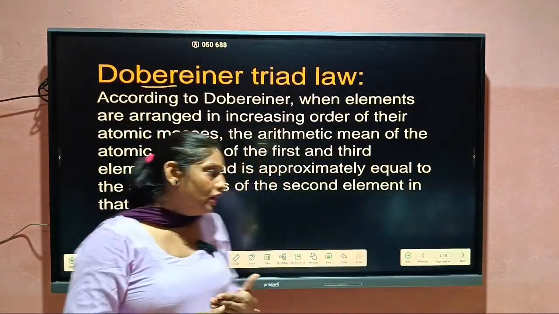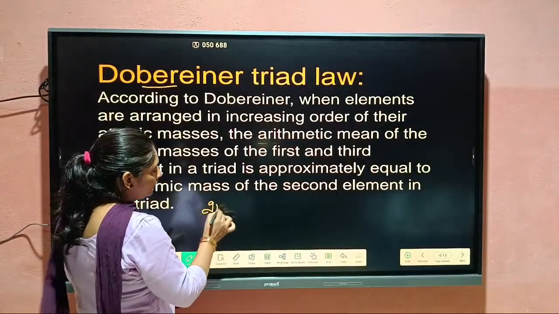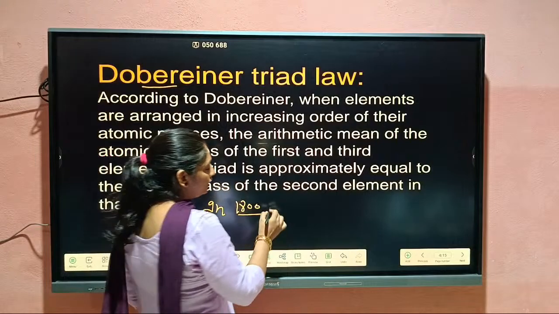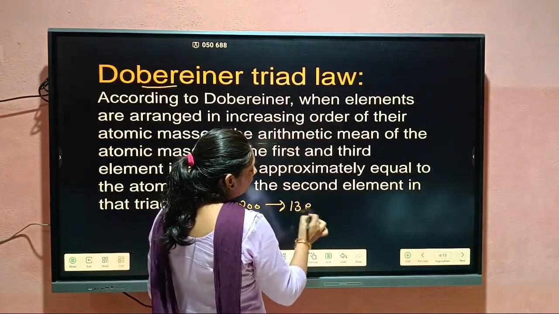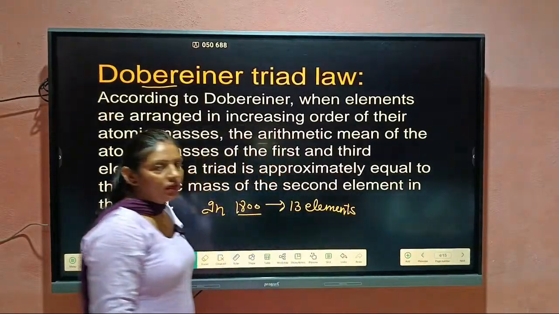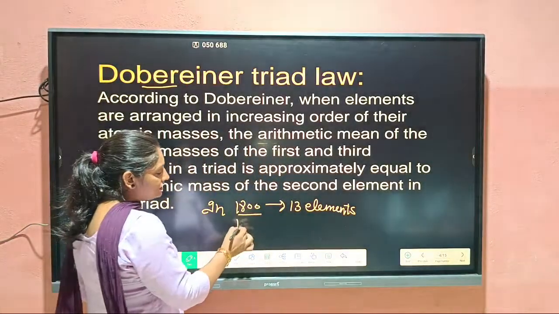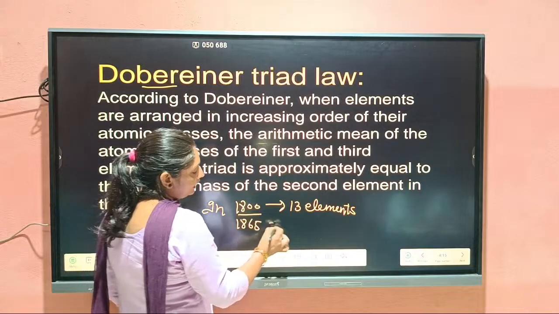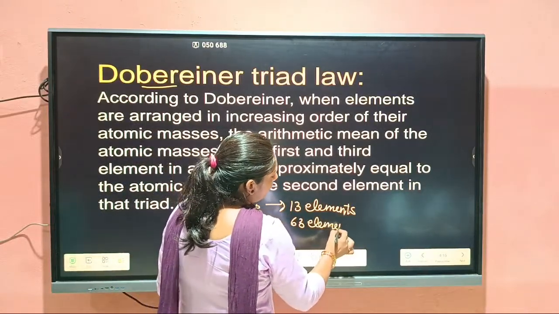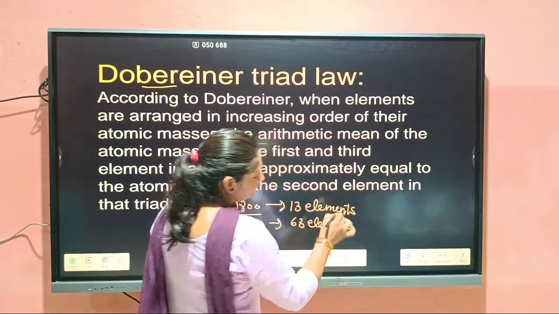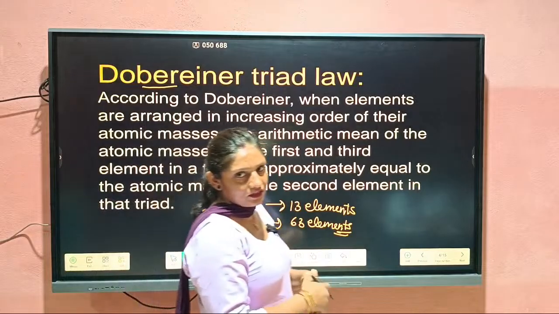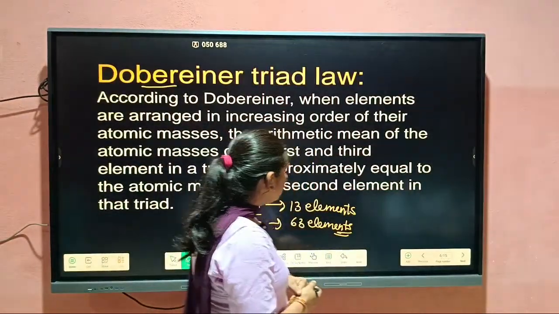In 1800, there were only 13 elements, and in 1865, there were 63 elements. Means day by day, new elements were being discovered.